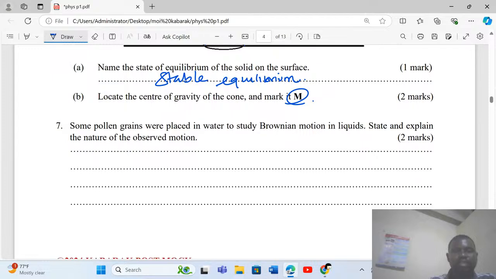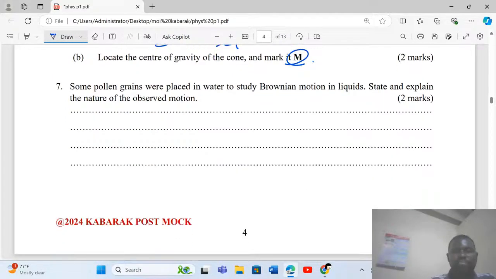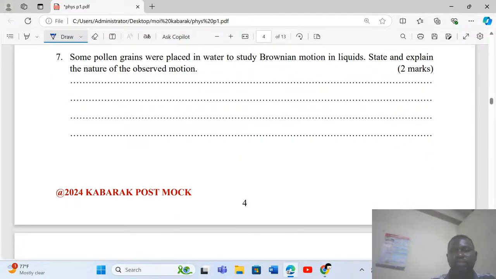Some pollen grains were placed in water to study Brownian motion in liquids. State and explain the nature of the observed motion. We do expect to see these pollen grains moving in a constant random motion. And now we need to explain what you see and why it is happening.